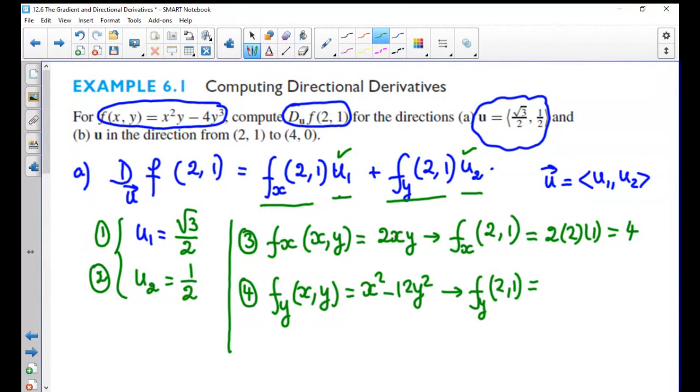So we substitute x with 2 and y with 1. So what will that give us? Minus 4. Okay, great.